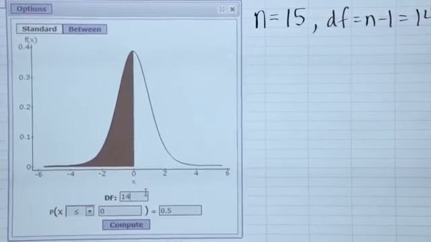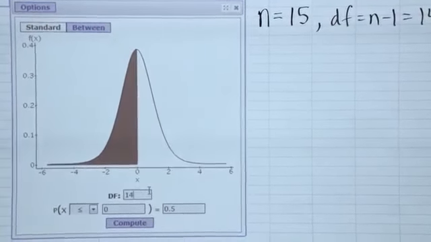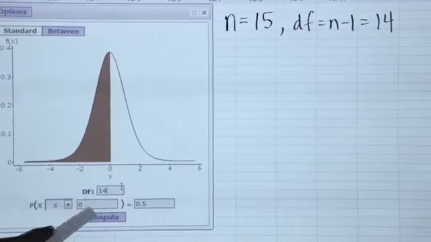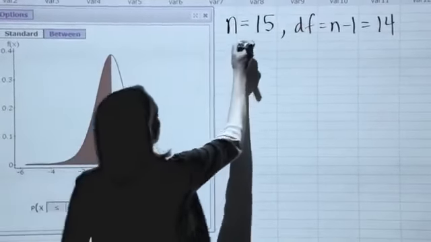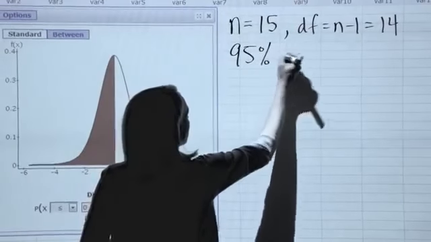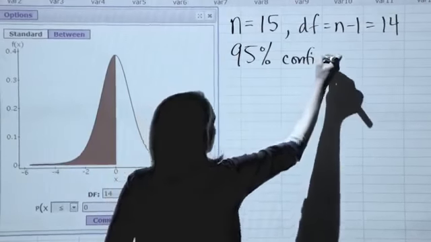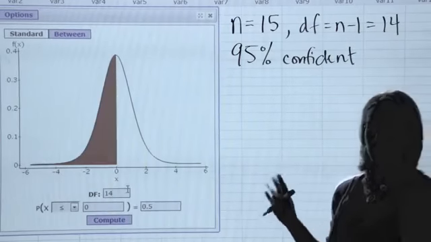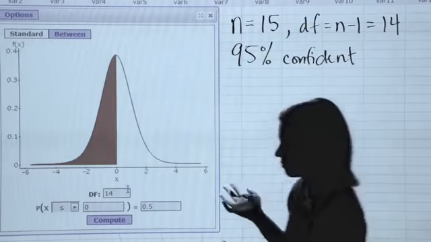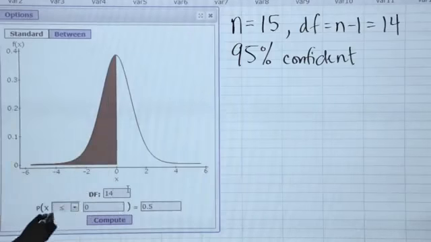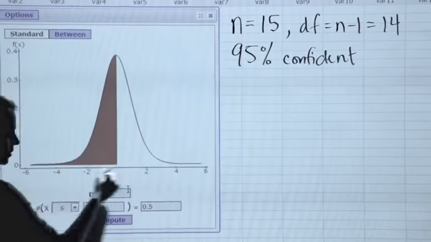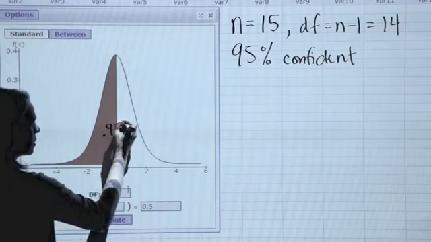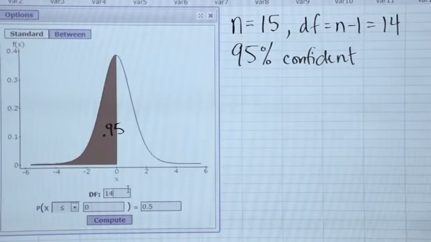And then the second thing that the critical t-score is based on is how confident you want to be. For the first one, we want to be 95% confident. Think about what that means. The meaning of this isn't any different than it was for proportion problems. We want to find t-values so that we get an area in the middle that's 0.95.